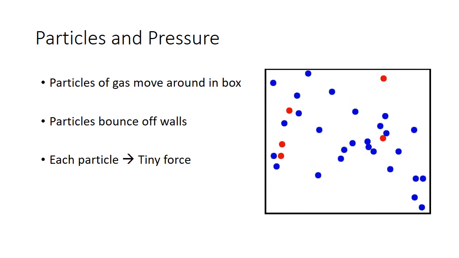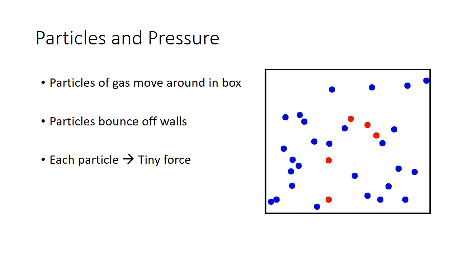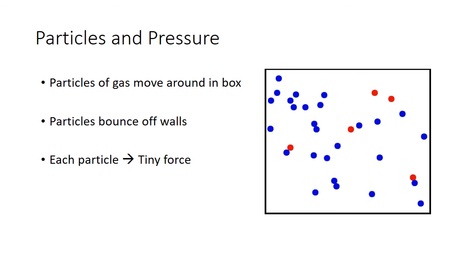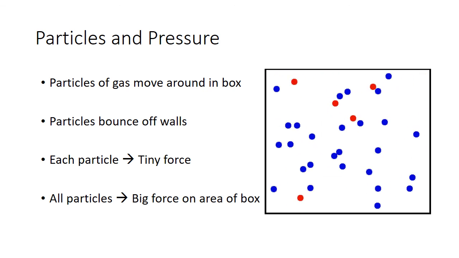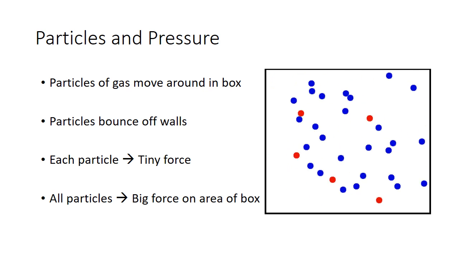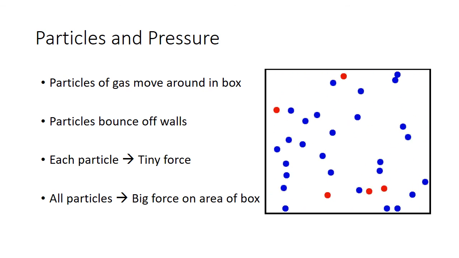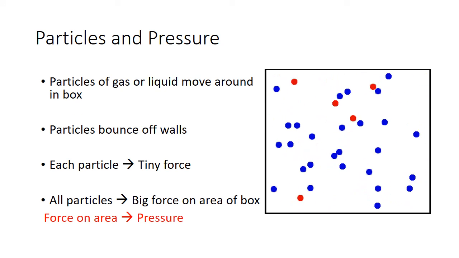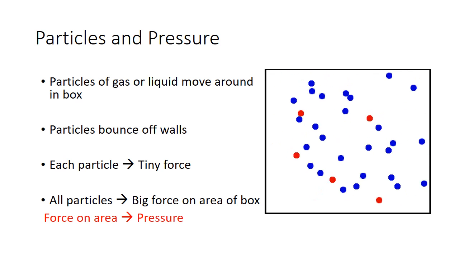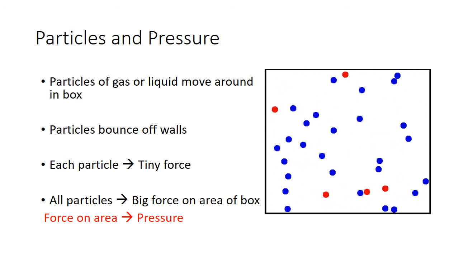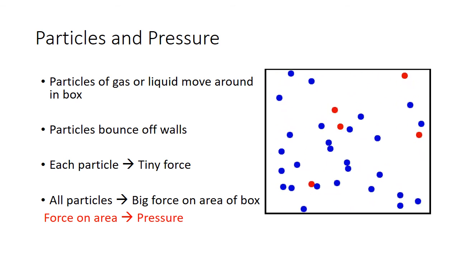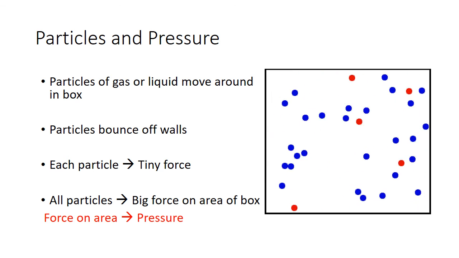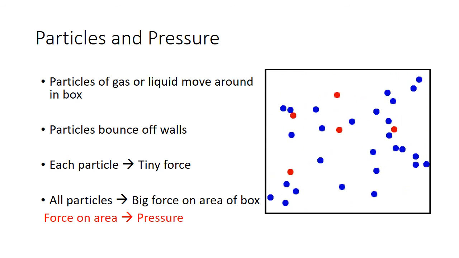Each particle gives a tiny force to the edge of the box. But all the particles together have a big force on the area of the box. Remember, force on area is pressure. So, the pressure in a gas or a liquid comes from the particles in that gas or liquid moving around.